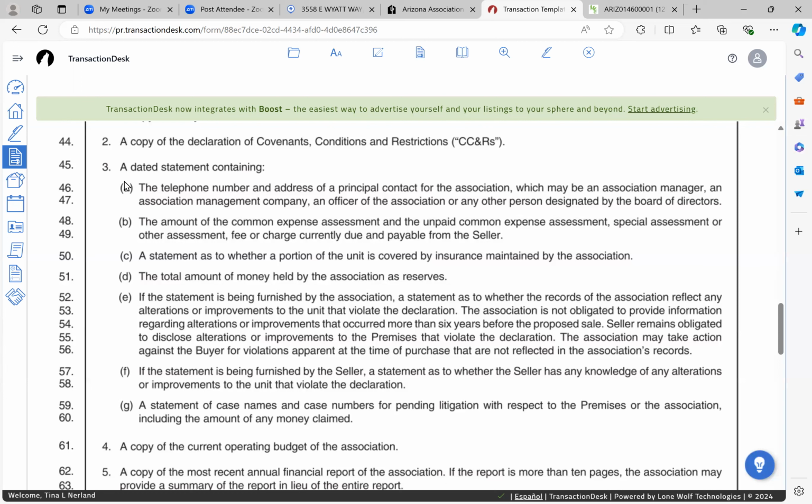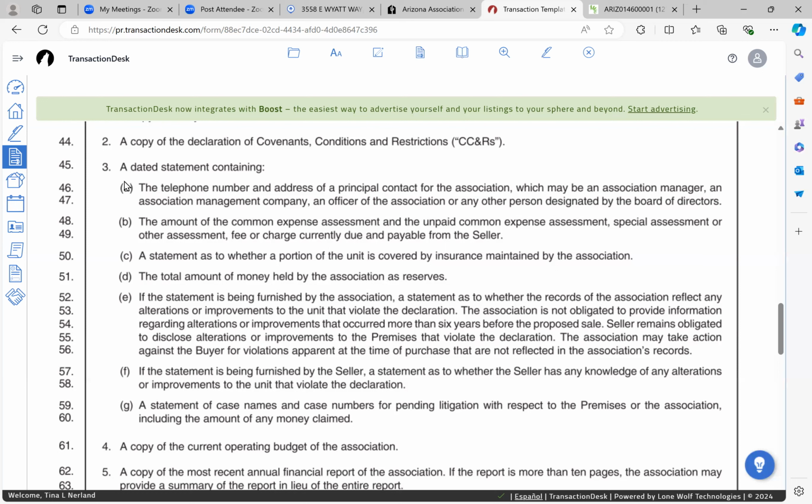Real quick on this, I had a buyer purchase a home. The HOA stated that there were no outstanding violations. We moved forward to closing. After closing, the new owner, my client, the buyer, stated that the HOA was claiming that the pergola in the backyard had never been approved and that the buyer had to remove it.